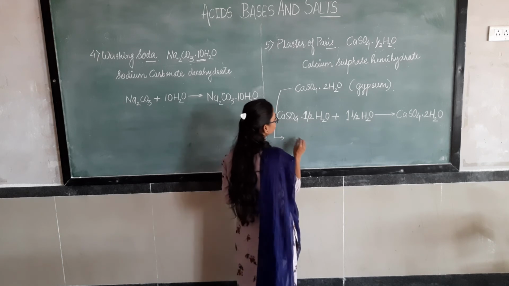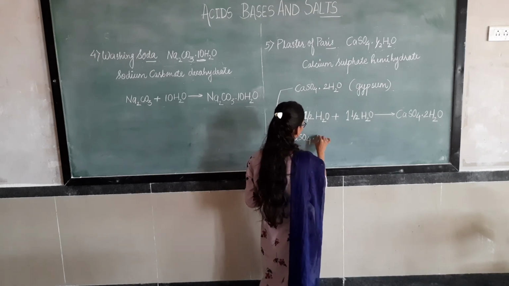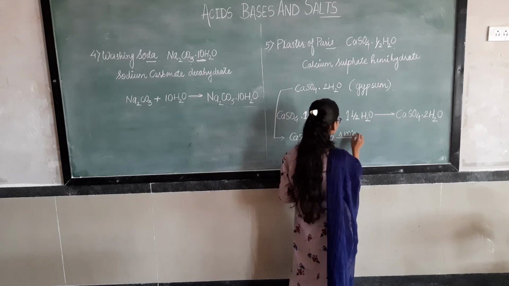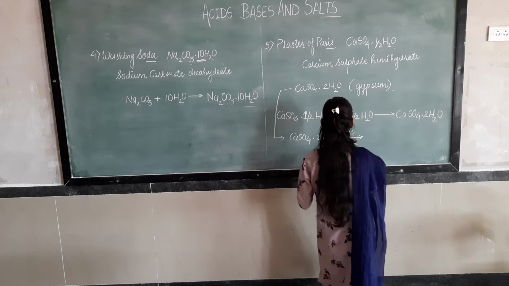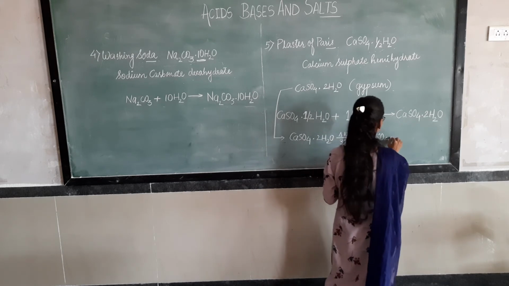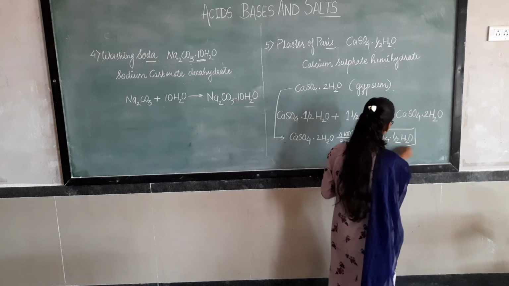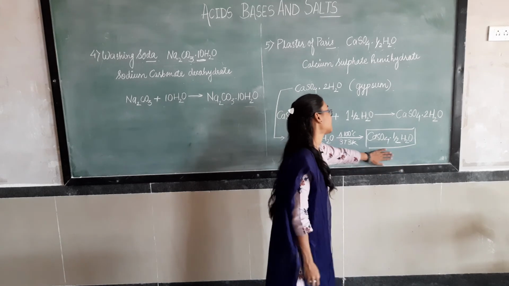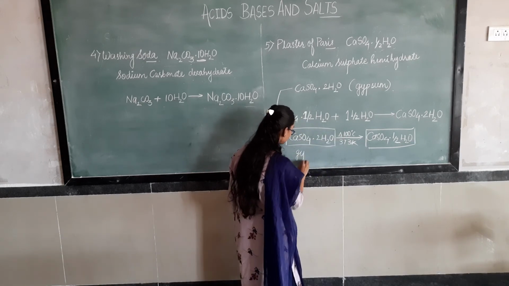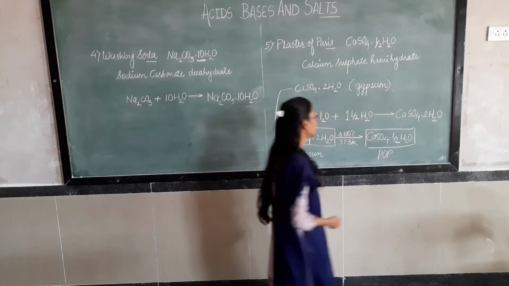Just see here. When it is heated at 100 degrees Celsius, or you may say 373 Kelvin, it releases some water molecules, and CaSO4.1/2H2O is only remaining. So CaSO4.1/2H2O is known as plaster of Paris, while CaSO4.2H2O is gypsum, and this is POP, that is plaster of Paris.